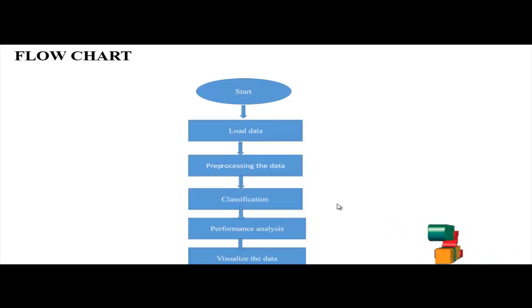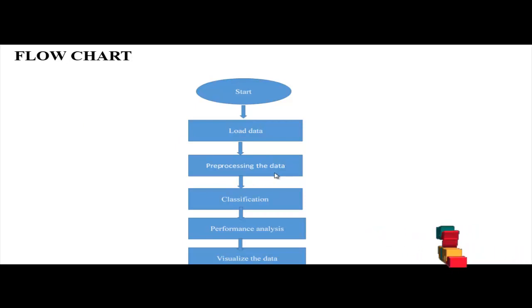Now we will see the flow of our concept. First we load the dataset. The dataset was collected by 7 Wi-Fi routers, from RSS 1 to RSS 7, and also one class label Y. After loading the data, we pre-process the data.